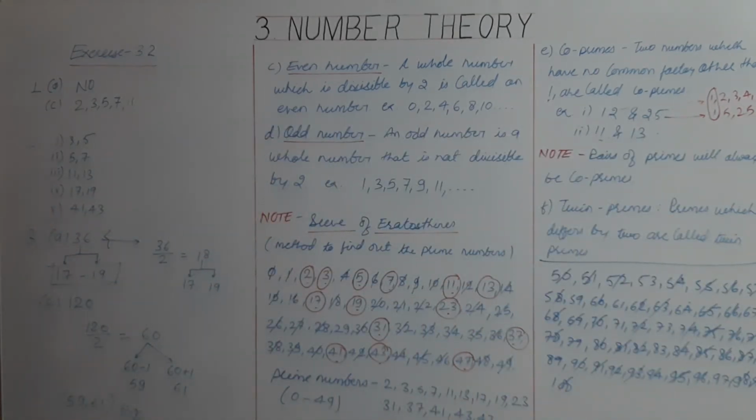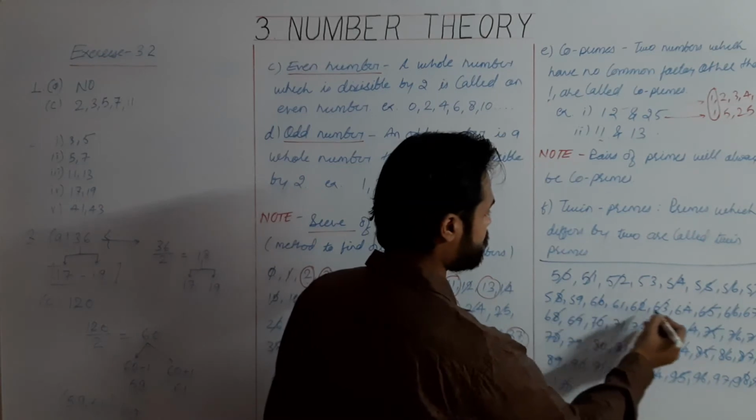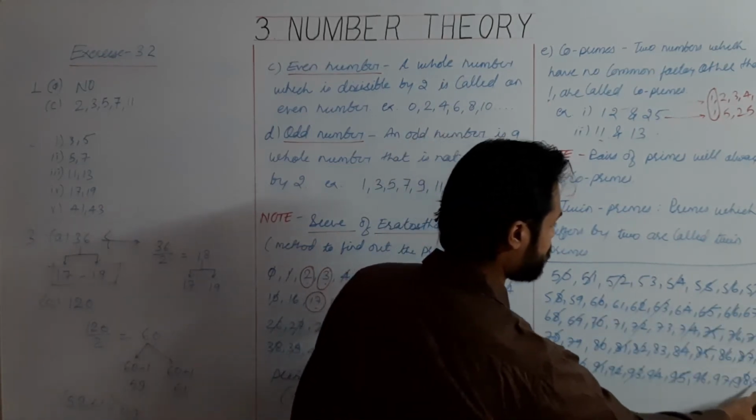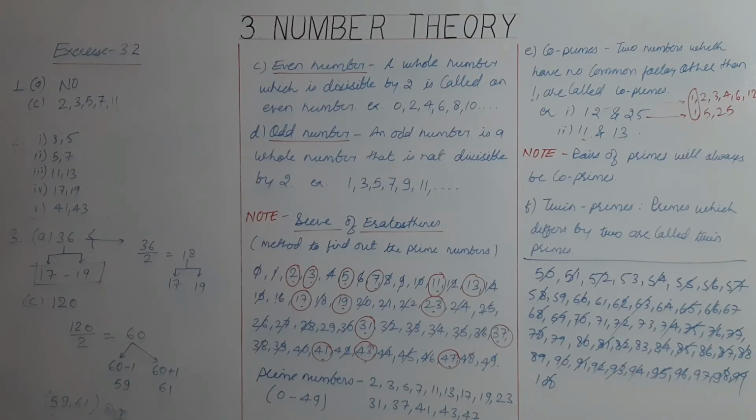We strike out all multiples of 11 after 49: 55, 66, 77, 88, and 99. Next, multiples of 13 after 49: 52, then 65, 78, 91.